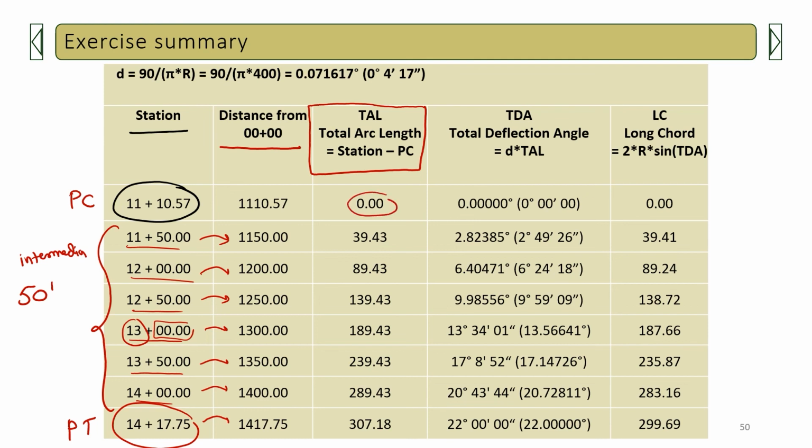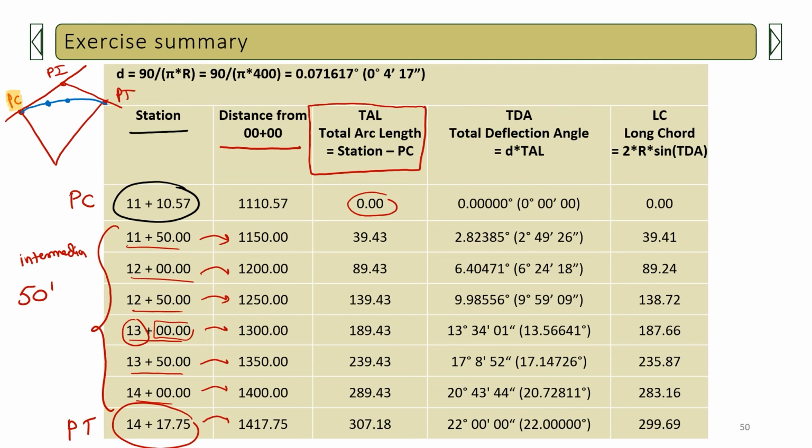We can visualize it like this. This is PC, this is PI, and this is PT, and we have this curve right here. The arc length is the length of arc of each of the stations, and we always measure this arc length from the PC.